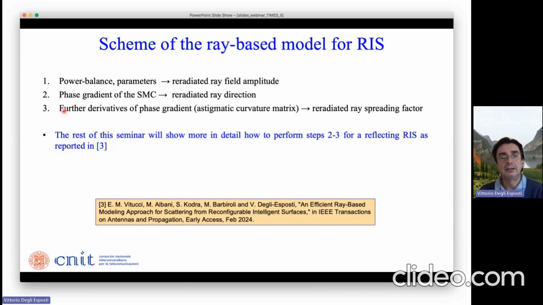And finally, based on further derivatives of the phase gradient that define basically the local curvature of the wavefront, the re-radiated ray spreading factor is calculated. So the rest of this seminar will show in more detail how to perform steps 2 and 3 for a reflecting RIS as reported in this relatively new paper.